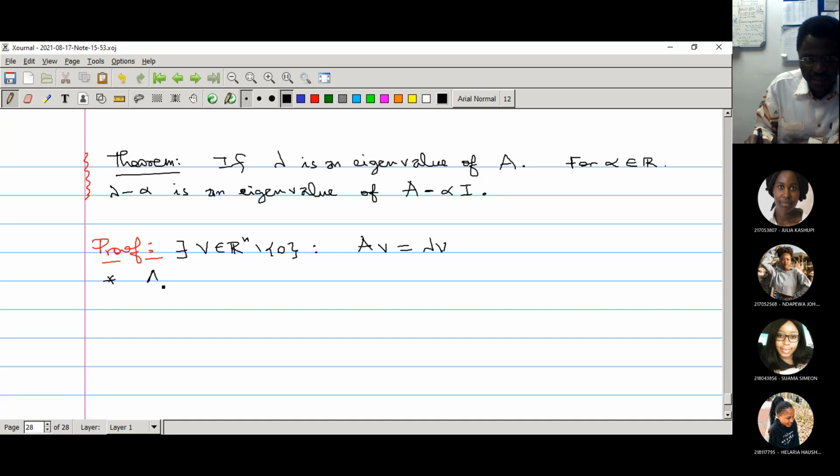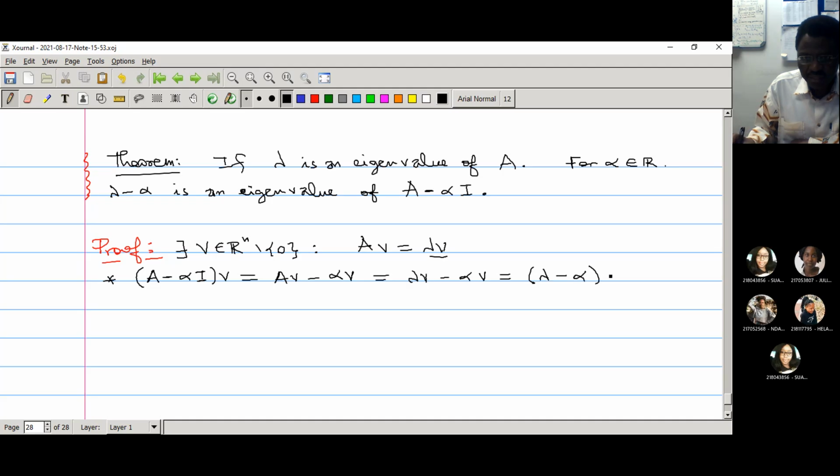Let me compute A minus alpha identity times V. If I expand, this is AV minus alpha V. But what is AV? AV is lambda V. So this is lambda V minus alpha V, which is lambda minus alpha times V.